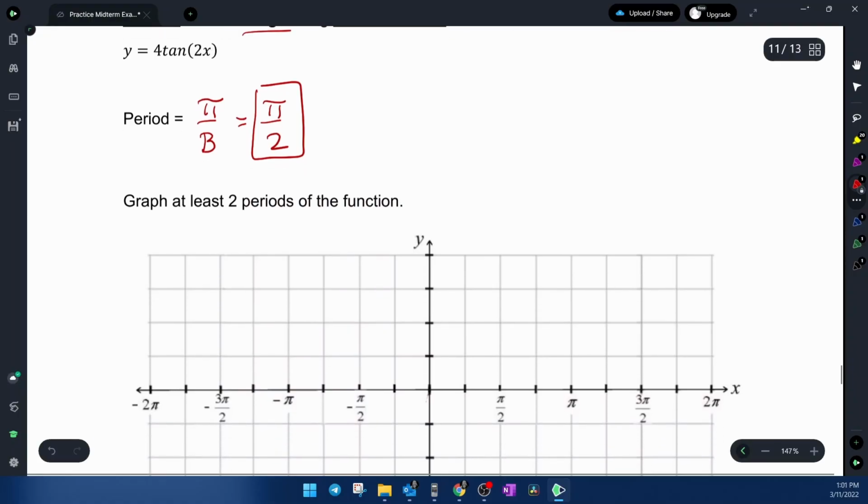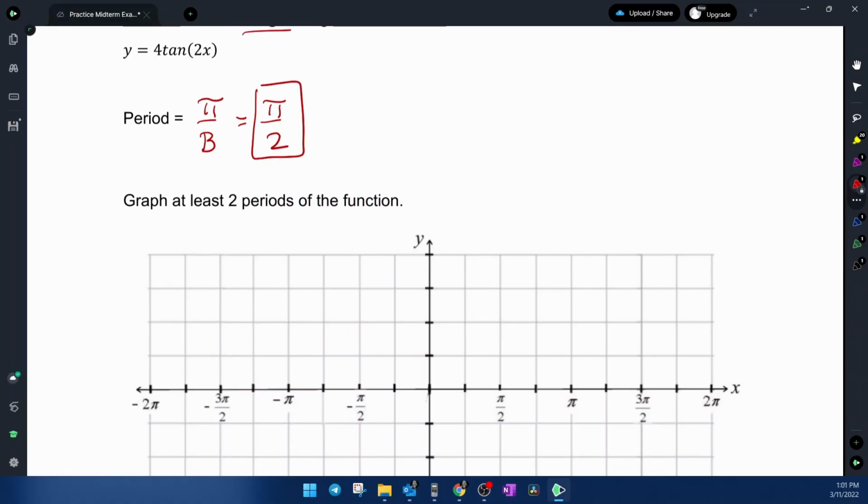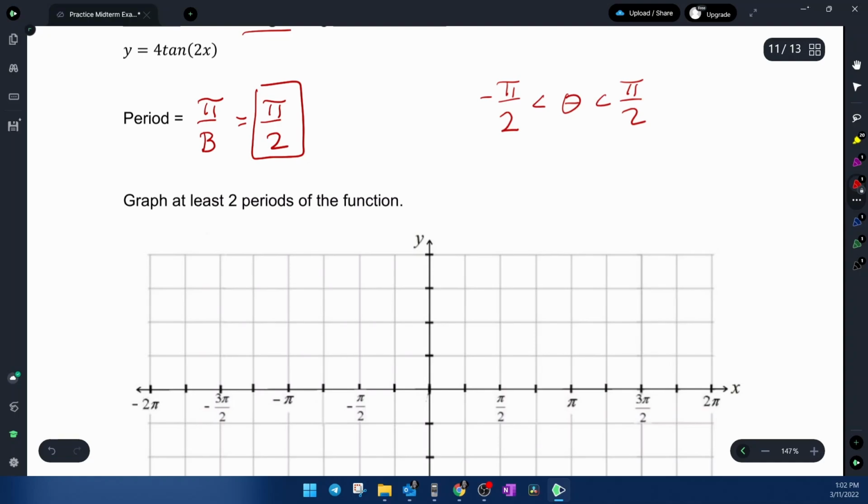And then we're going to sketch the graph, knowing that tangent has consecutive asymptotes from -pi over 2 to pi over 2 for theta, where our theta is 2x. So we're going to replace theta with 2x, and we're going to need to multiply through by a half in order to get rid of the coefficient of x.